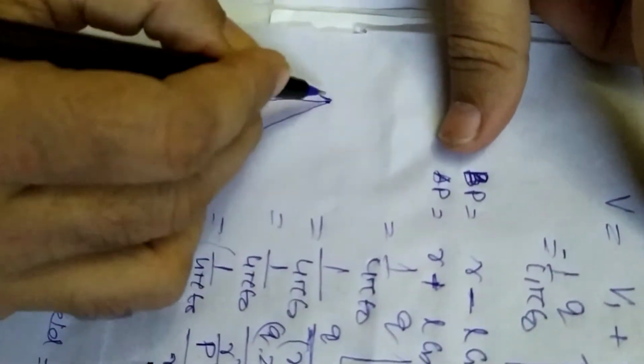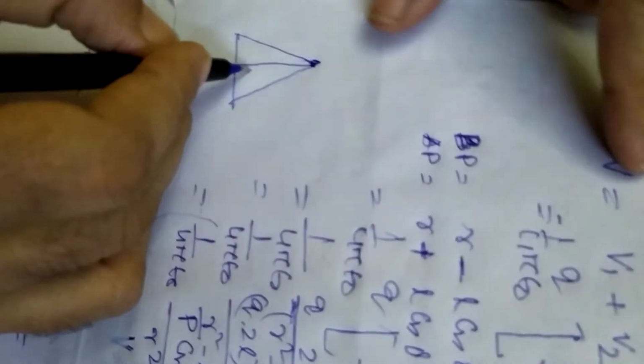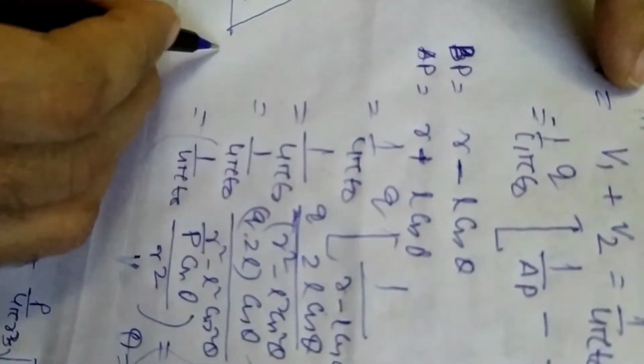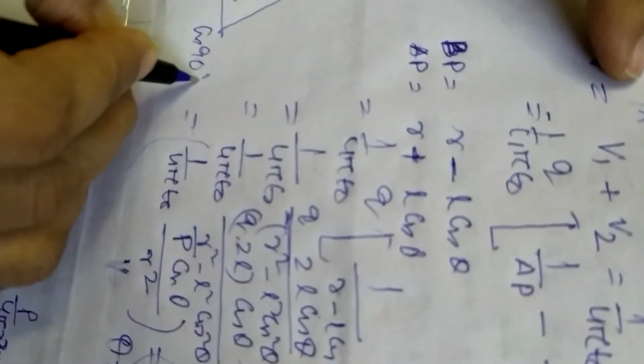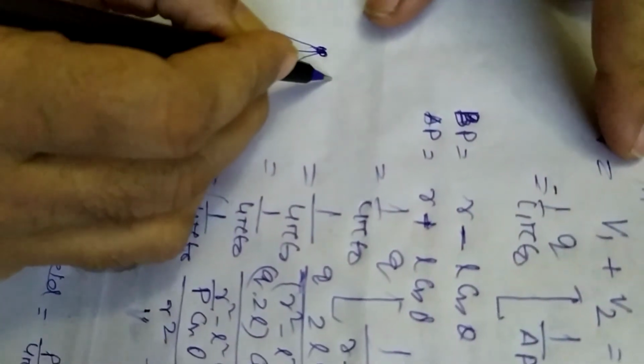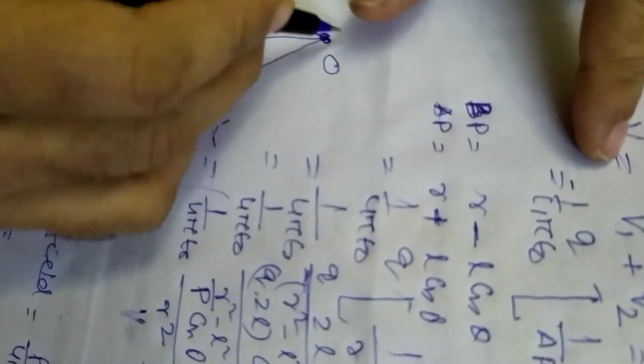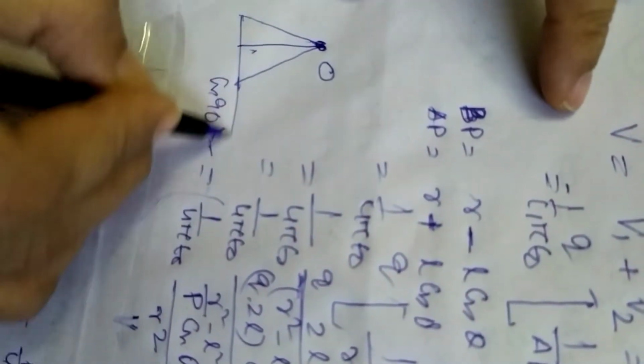So the equatorial point is at 90 degrees. So cos theta at 90 degrees means cos 90 degrees, which is 0. So the potential at this point will be 0, and the potential at the axial point will have this value. Clear? Cos theta is 1, so we will be writing P here.